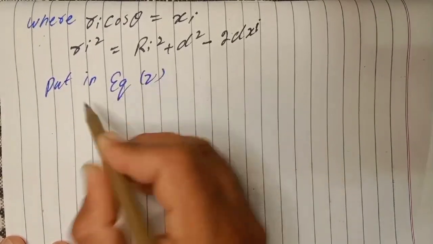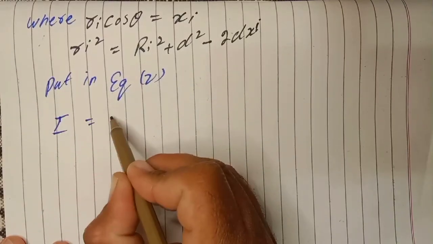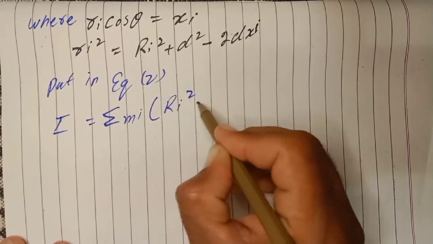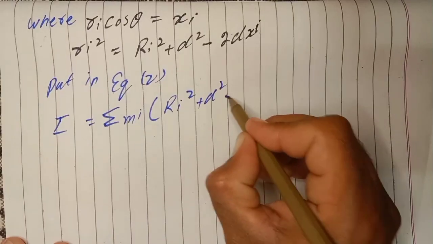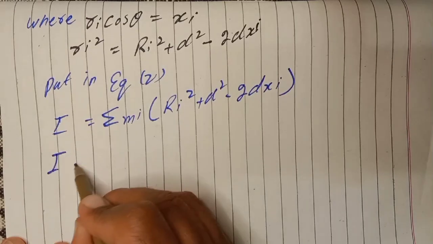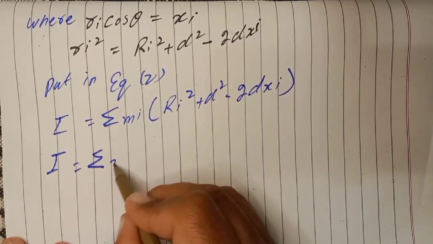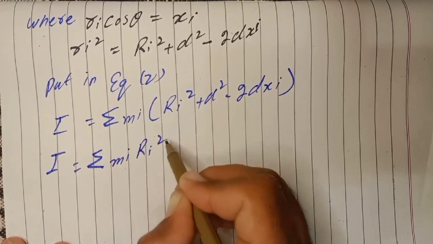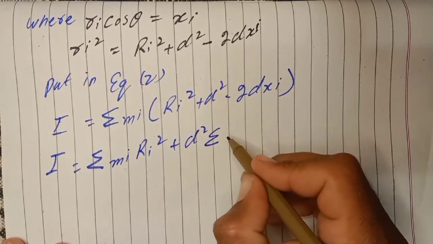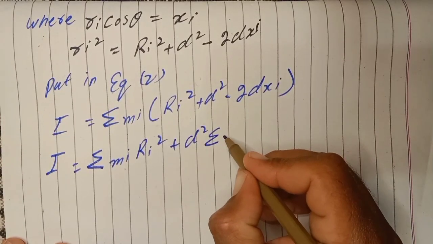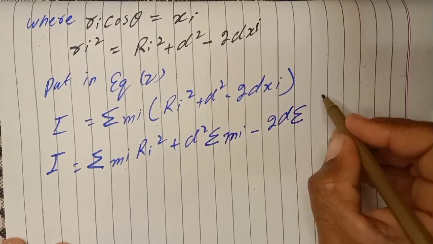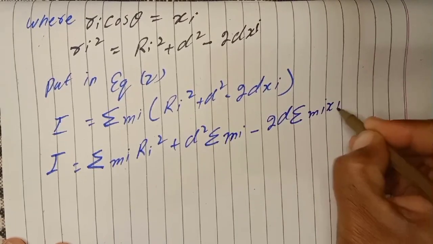equation 2, I is equal to sigma m_i (r_i square plus d square minus 2d x_i)। Next, I is equal to sigma m_i r_i square plus d square sigma m_i minus 2d sigma m_i x_i.